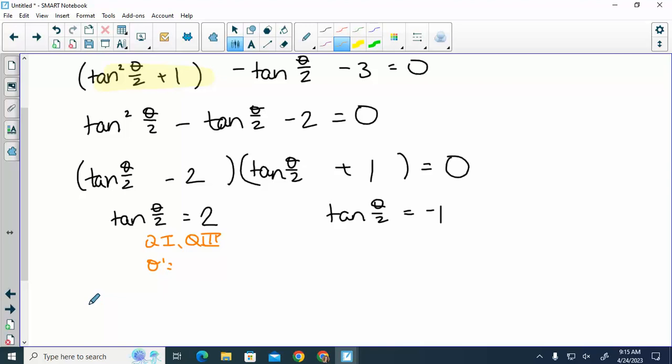And so then we can do tangent inverse of positive 2. We get 63.43 degrees. So our angle, which is theta over 2, could equal, in quadrant 1, where your reference angle and your angle are the same. In quadrant 3, you would do 180 plus that.